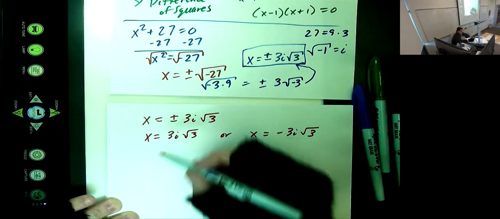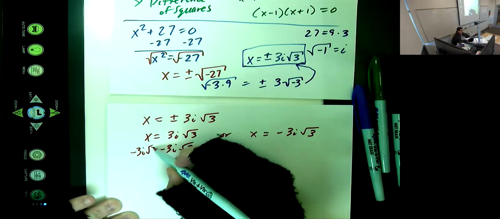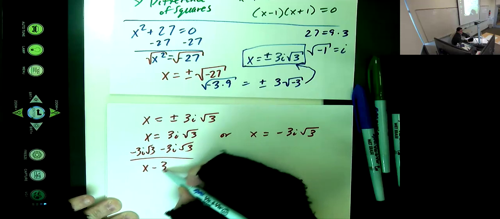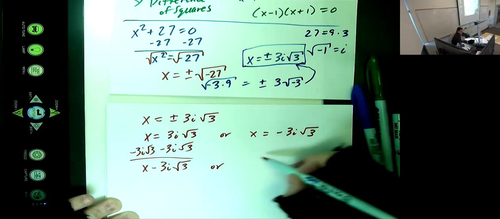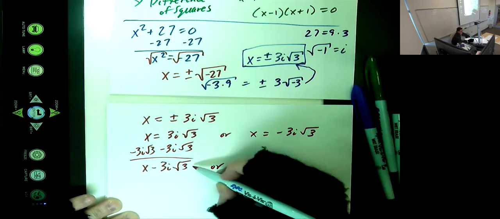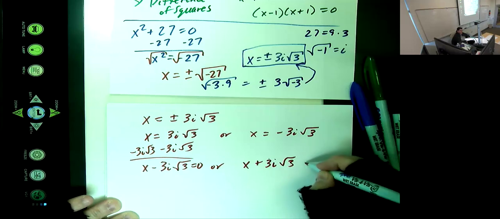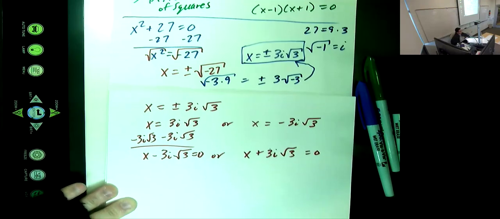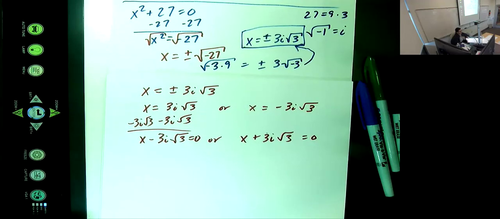I could subtract 3i root 3. I do the same thing over here. Oops, I need it equal to 0. Yeah.